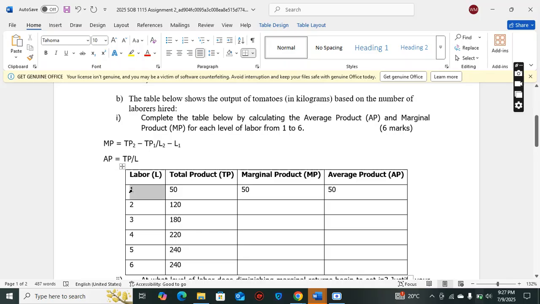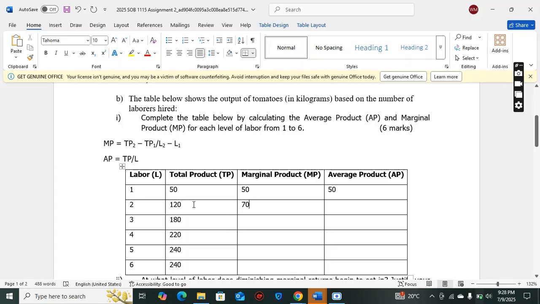We move on. We hire the second worker. Our total product has increased to 120. So what's our marginal product, colleagues, here? Yes, 120 minus 50 divided by 2 minus 1 gets 70. Okay.